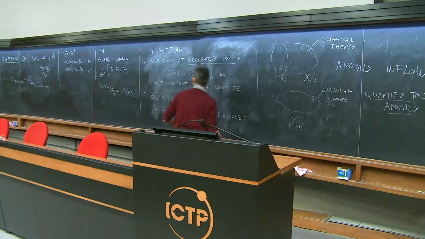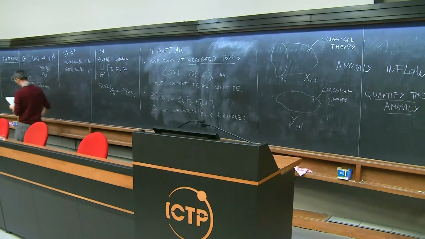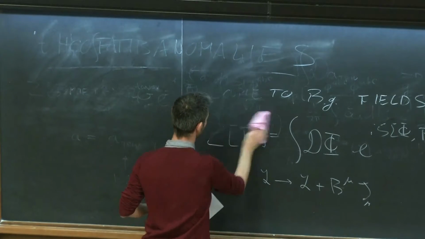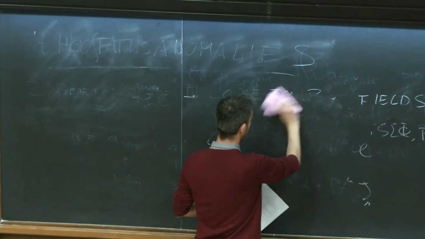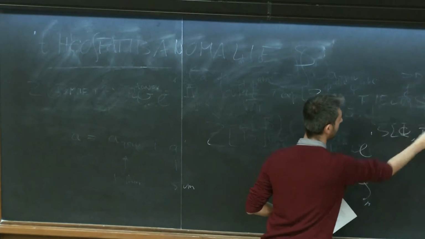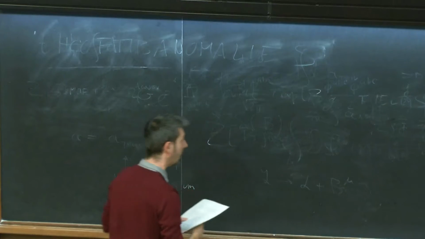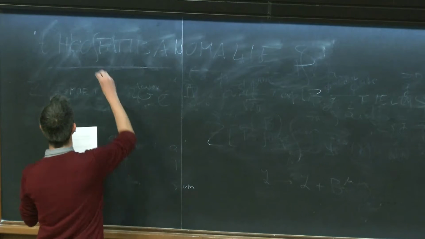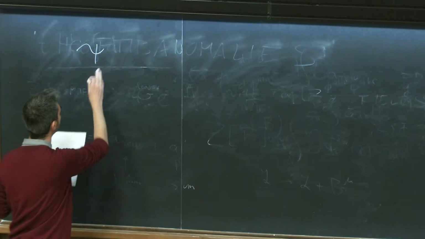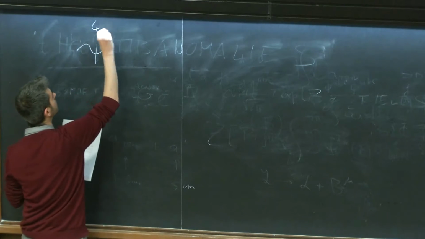So let me just quickly review what happens in the familiar case of the chiral anomaly, just because this discussion might be quite abstract. So suppose we just take a free fermion in 4 dimensions.